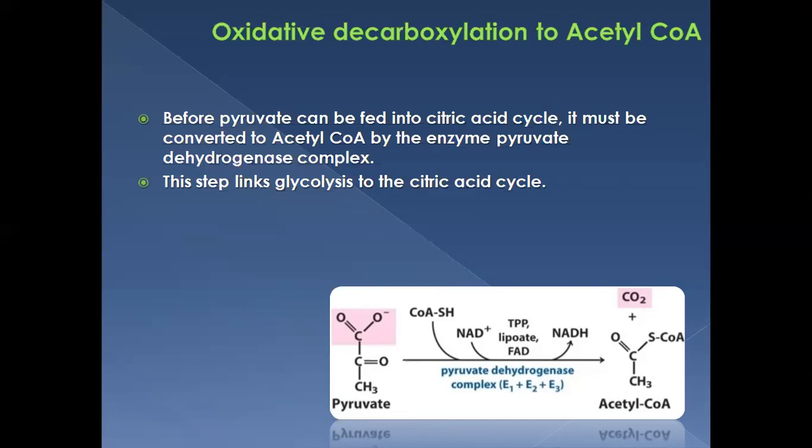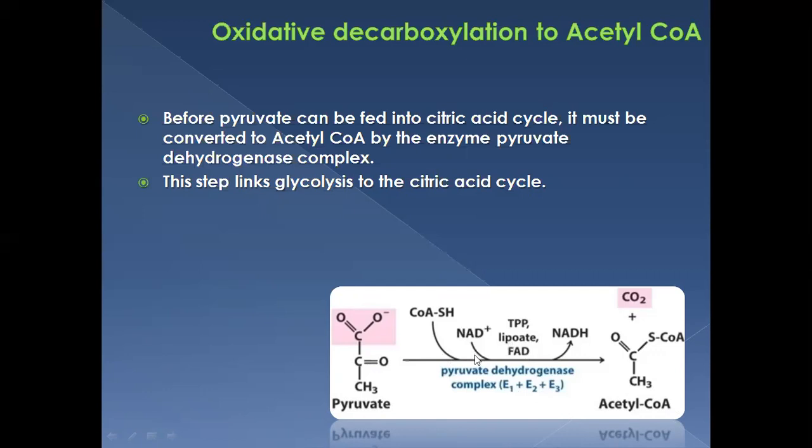Before pyruvate can enter the citric acid cycle, it has to first be converted to acetyl coenzyme A. This conversion is carried out by an integrated multi-enzyme complex referred to as the pyruvate dehydrogenase complex, which is a combination of three important enzymes, E1 plus E2 plus E3.